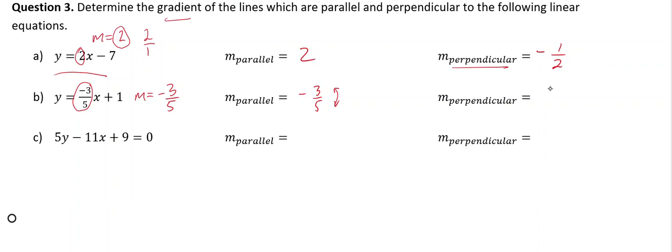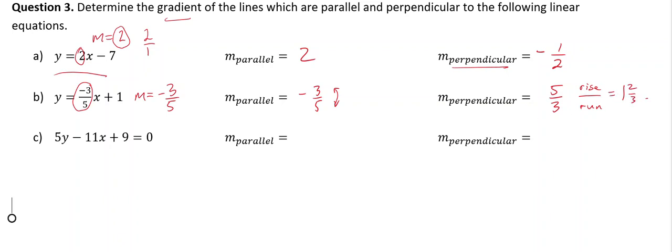So it's simply going to be positive 5/3, and usually that's how we leave it, as an improper fraction, because it just makes it easier for us to graph it. Simply remembering that every time we go across by 3, a run of 3, we're going up by 5. Okay, so that's usually how we leave it. If you wanted to change it to 1 2/3, you can, but it's not a requirement.